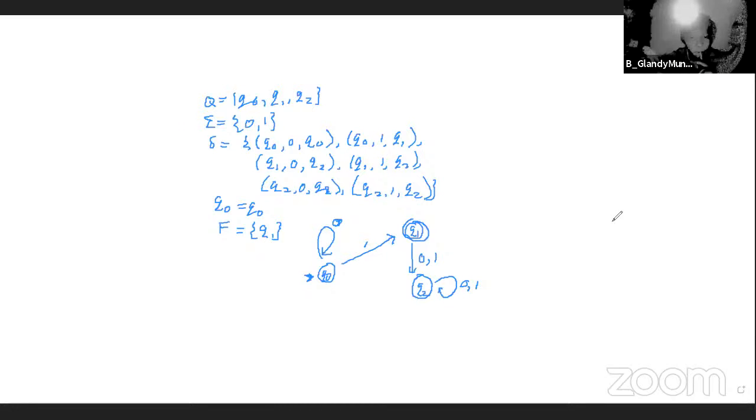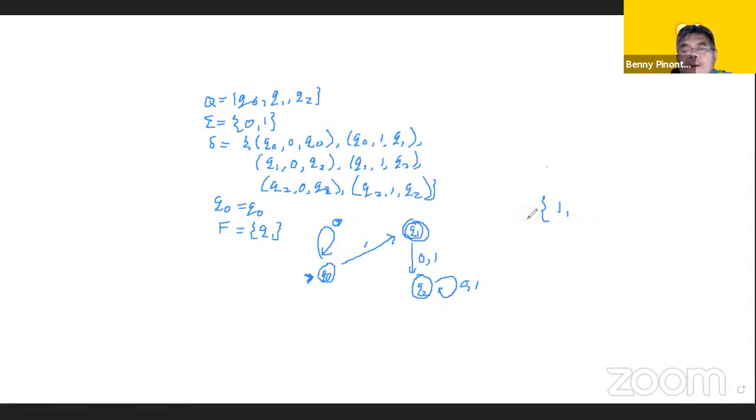If you start from the start state to the final, the shortest one is just 1.